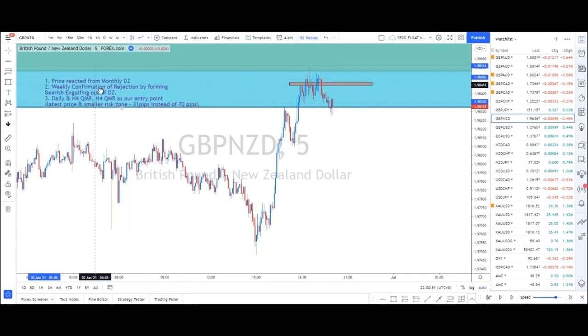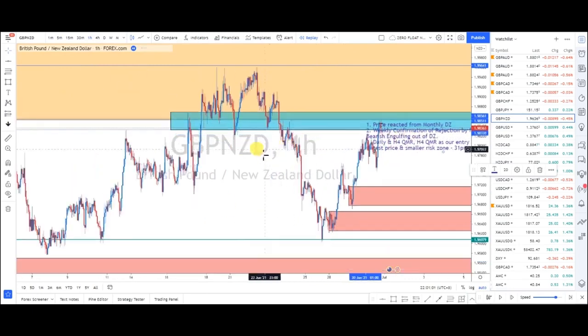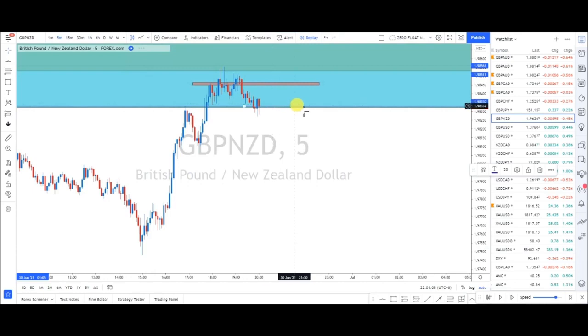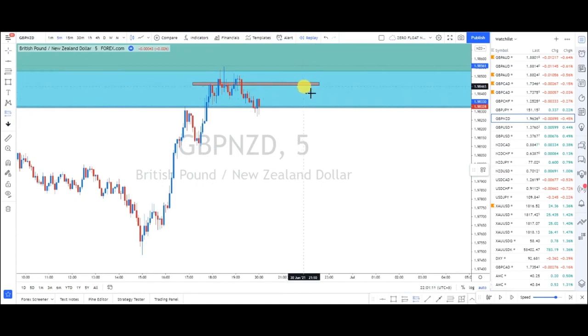Even though I do have the confidence of 90%, I do not want to be overconfident. So what should I do? I'm going to set my SL. This is our entry zone here. So I'm going to set my short position, put it here.